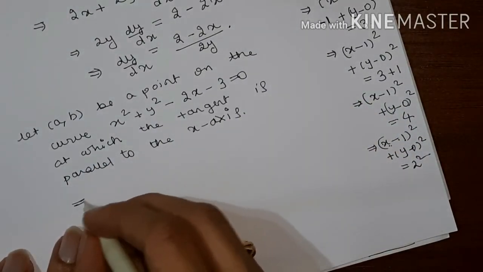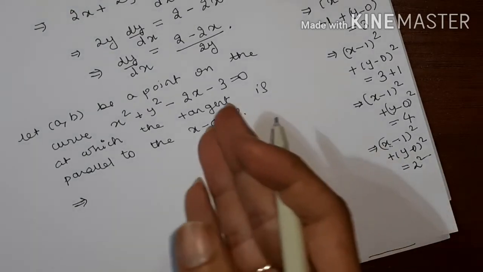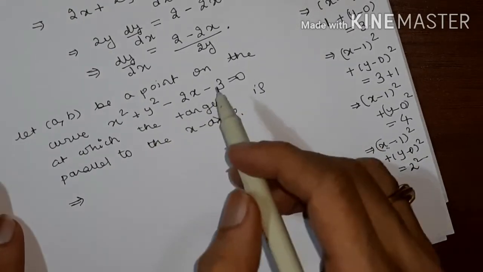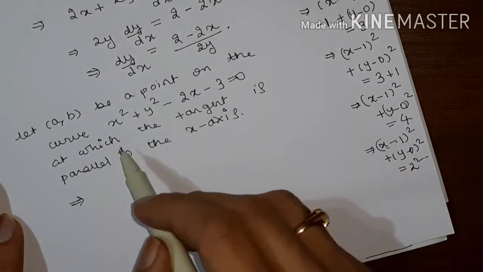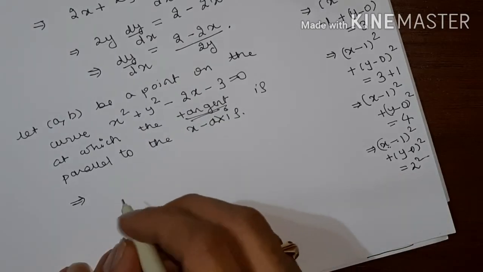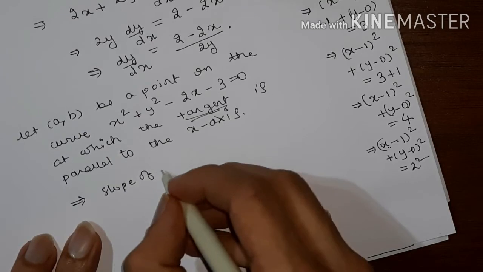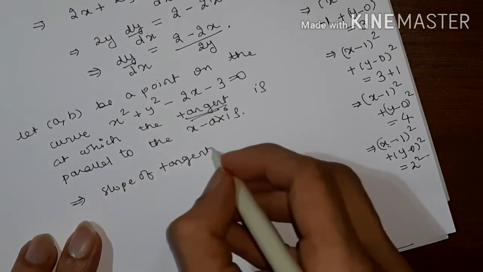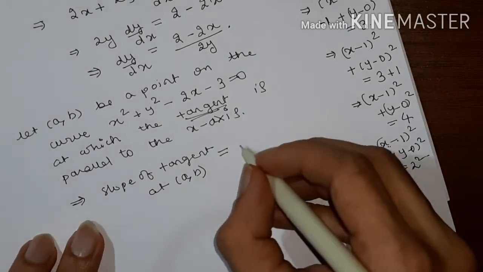Now if you look at the statement here, let a comma b be a point on the curve at which the tangent is parallel to the x axis. So the slope of the tangent at a comma b will be equal to what?